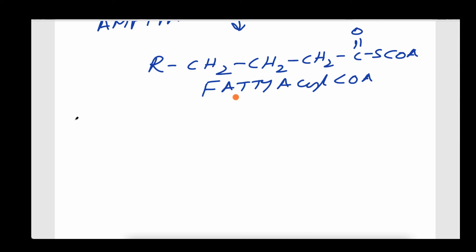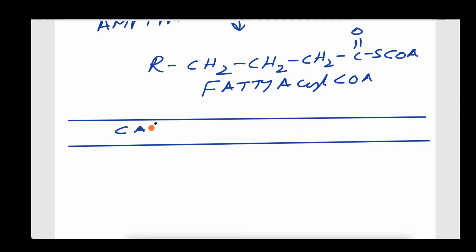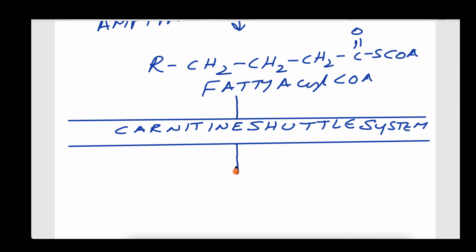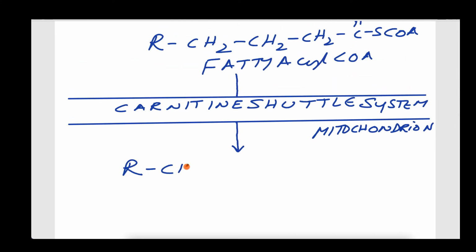Then the transport takes place through the carnitine shuttle system. This fatty acyl coenzyme A enters the mitochondria through the carnitine shuttle system.